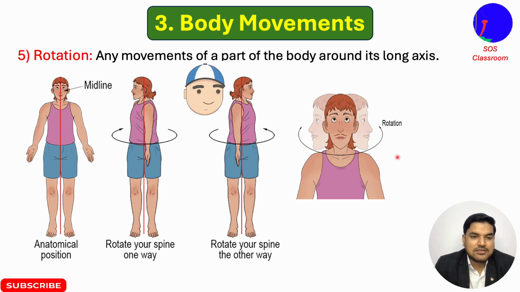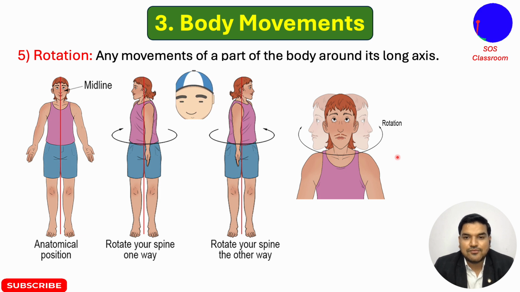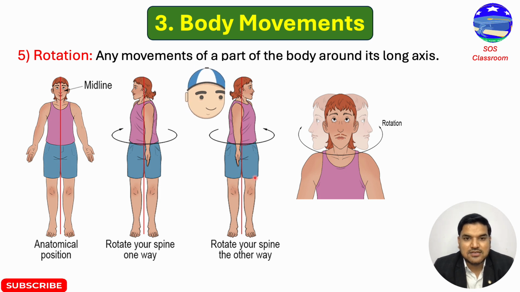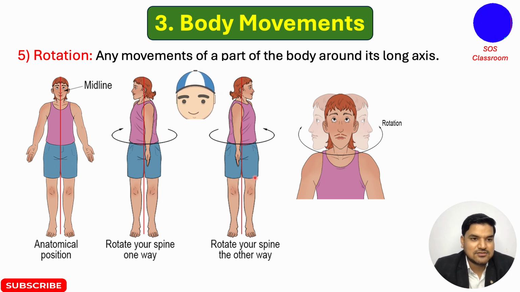The next movement is called rotation. Rotation of your head, or rotation of your body toward the right side or toward the left side. Any movement of a body part around its long axis. You can see the midline, or axis, in the anatomical position.